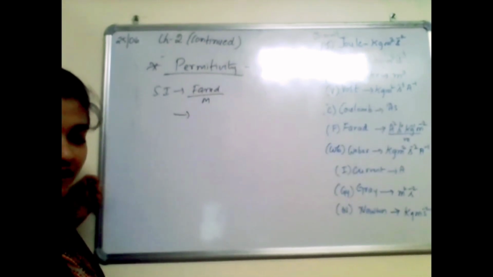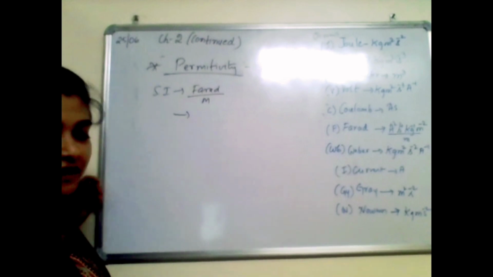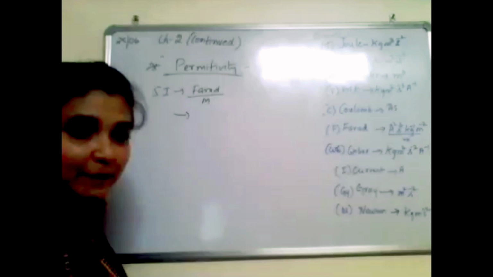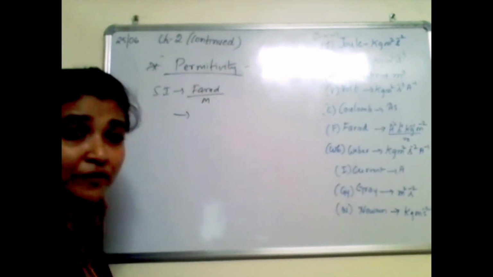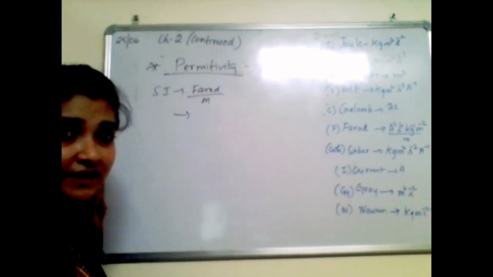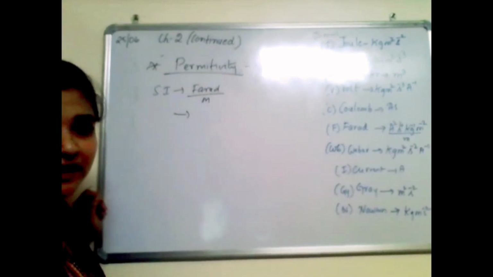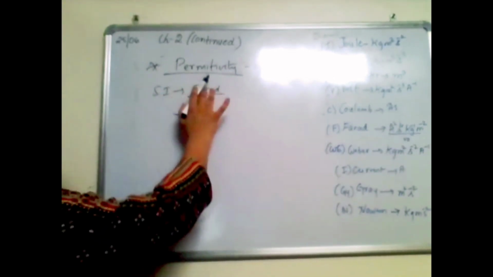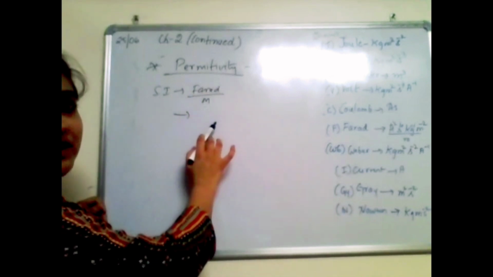Yesterday we studied what farad is. Farad is capacitance, measured in farad. The capacity of a substance to store all charges in that electric field is called permittivity. So the SI unit of permittivity is capacitance per meter, or farad per meter.